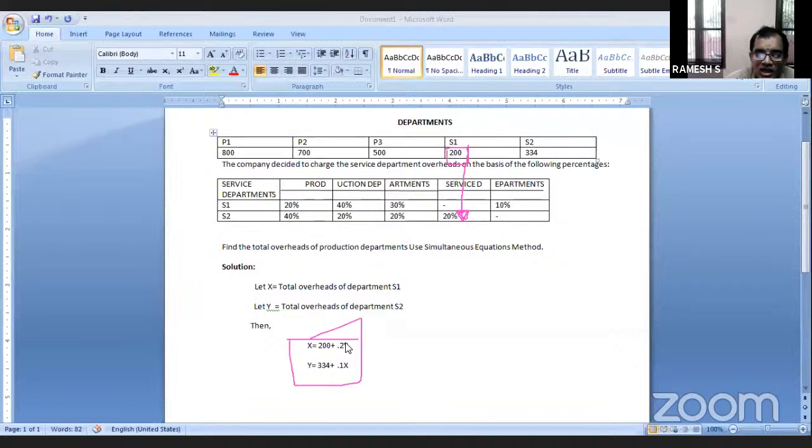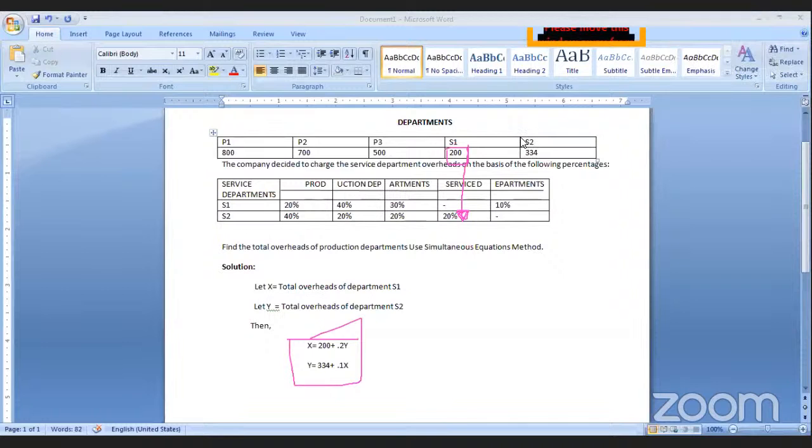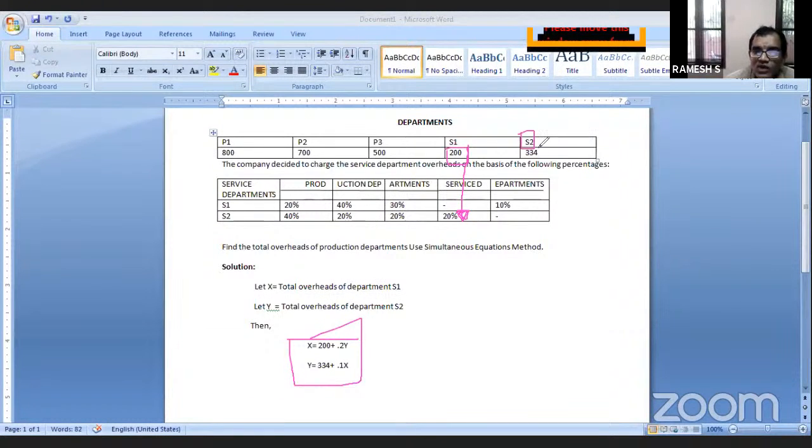Here next one you have to take it as other department. One department we have taken as x. Next service department you have to take it as y. Similarly, this second service department S2 values also you have to write. So S2 expenses we have assumed as y. So y is equal to, against S2 334 rupees constant expenditure is there, that you will take as it is, plus versus this one 10% is given.